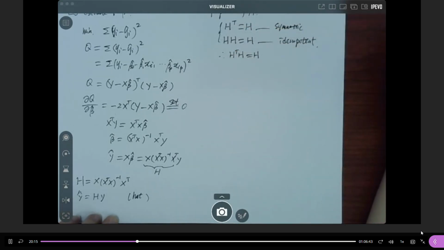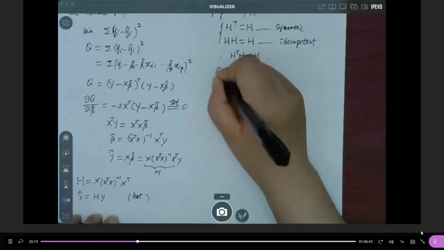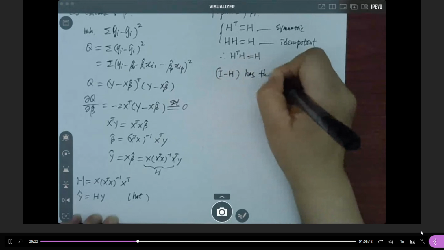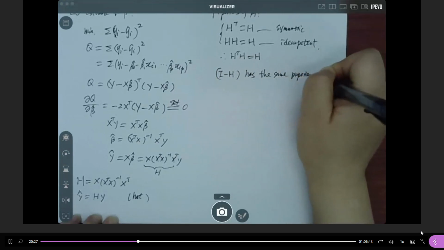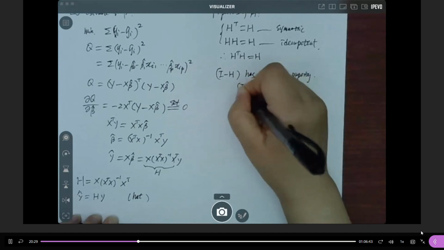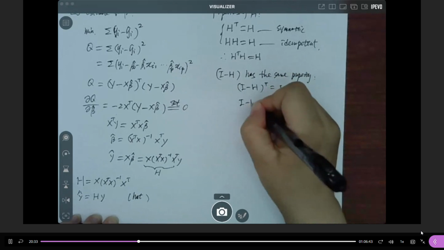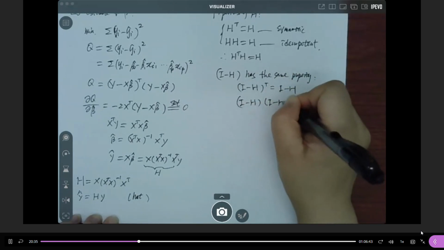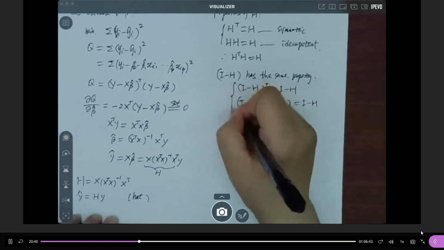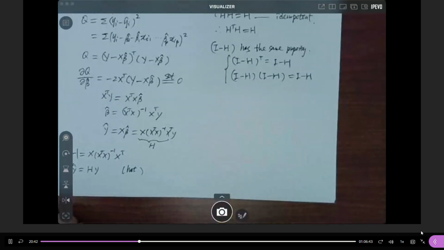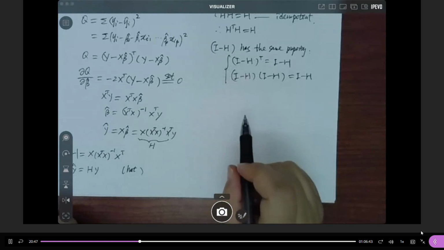All right, and also I minus H has the same property. So I minus H is also symmetric and also idempotent. You can easily prove that just by plugging in the definition. A little tedious, but you can easily prove that.